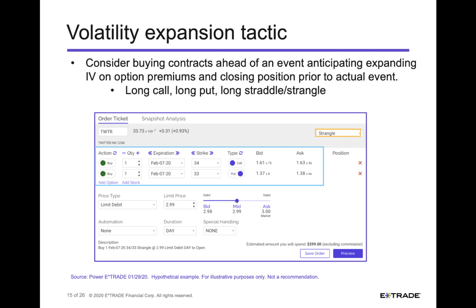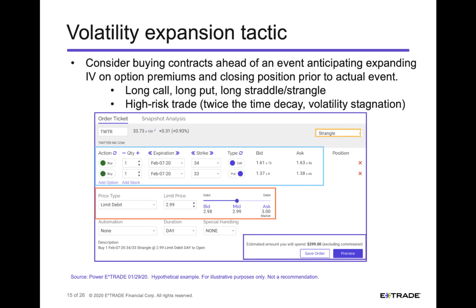Now, the issue with this is that this is a directionally biased trade, right? If it goes up too much, then that's going to help you in one respect and hurt you in another. So in this case, you hope that the stock doesn't move. You don't really want movement out of this. You just want the volatility expansion here. So we came in, we bought one contract of this for $299. Okay, that's the expansion tactic.